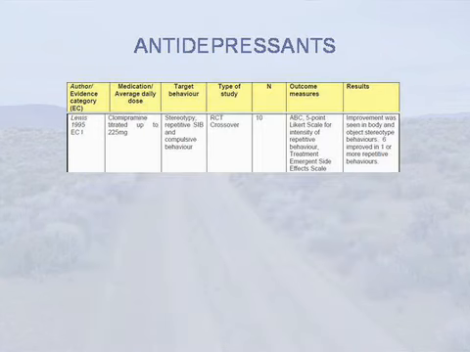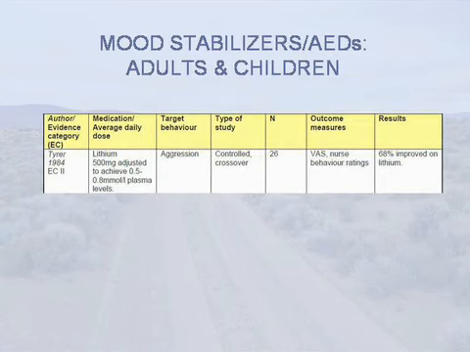As far as antidepressants, there was really only one RCT. That was the use of clomipramine, and there was some improvement in stereotypical behaviors, which also may be related to the production of aggressive behaviors. As far as mood stabilizers and anti-epileptic drugs, there was one study. This was a randomized uncontrolled study with lithium, and it showed 68% improvement on that particular medication.